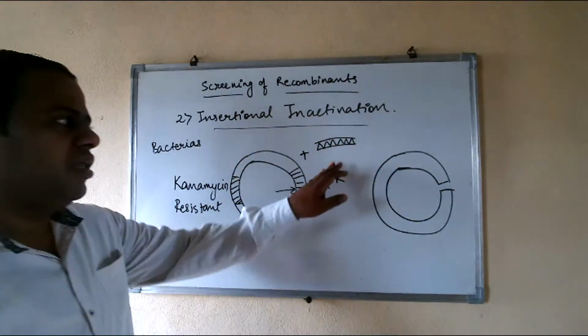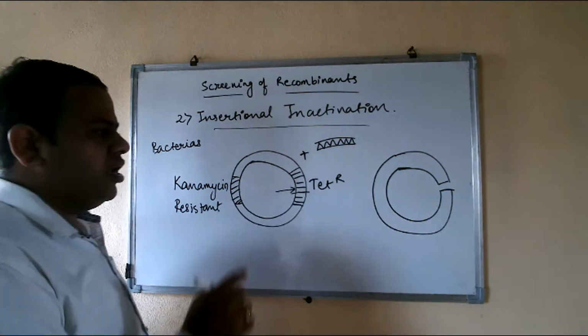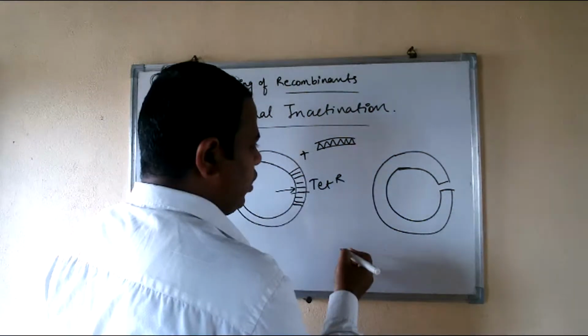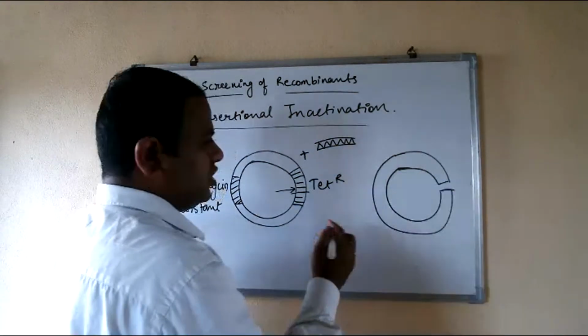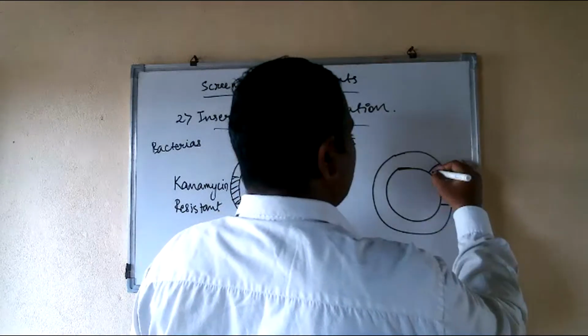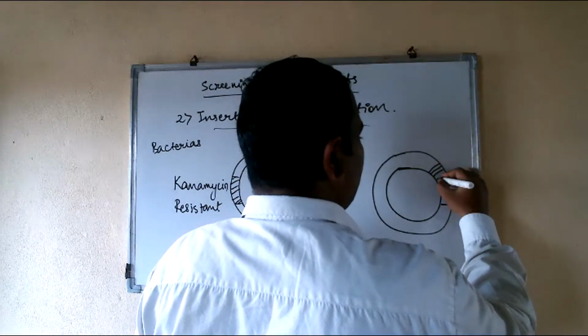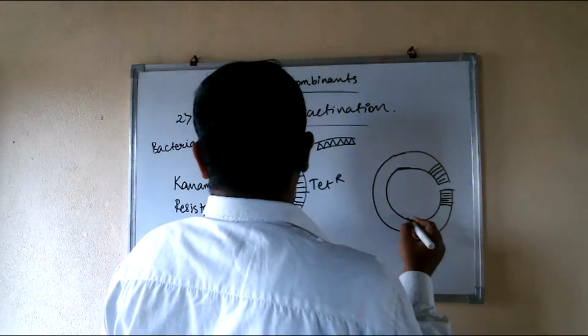Suppose this is the gene which I want to clone into this particular plasmid. First of all, I have cut here in the tetracycline resistance gene. So it is broken now. Now this tetracycline resistance gene is broken.